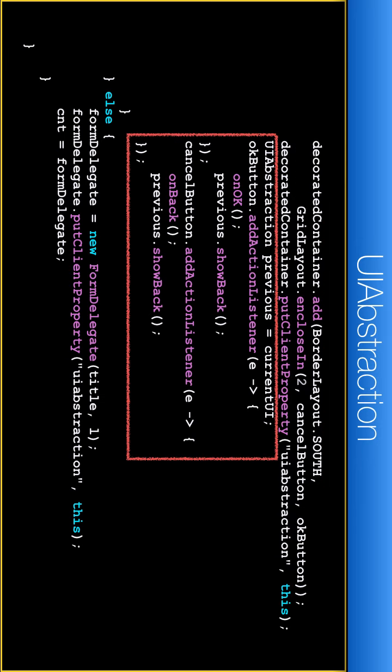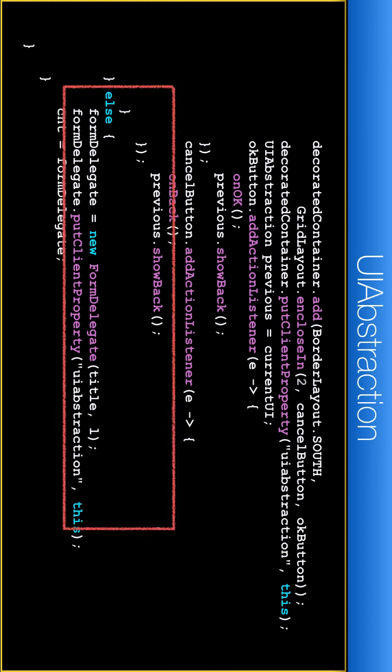If you recall the previous code for OK and cancel we had in the form delegate, this will seem almost identical. But then you might notice the current UI is really the UI abstraction class, and we use showBack from there and not from the form.